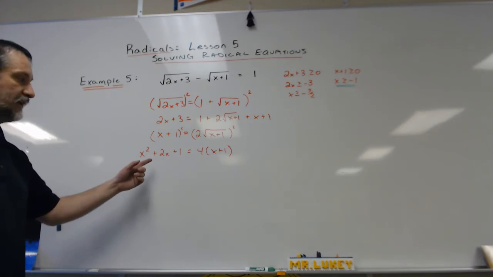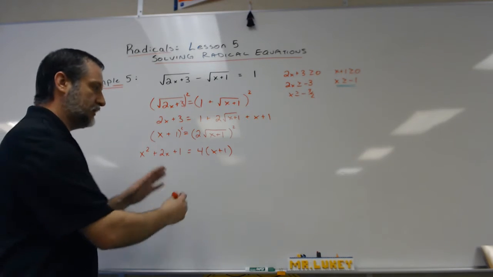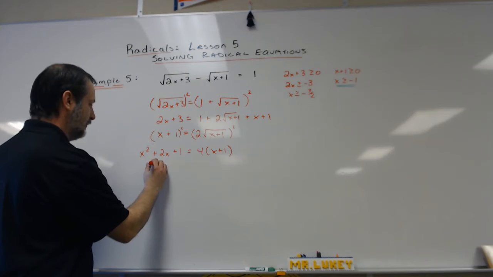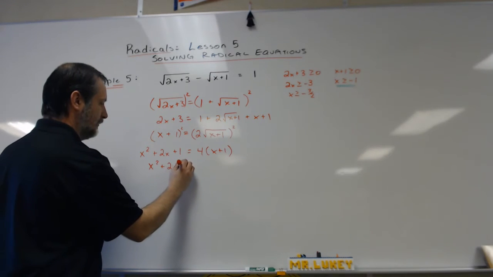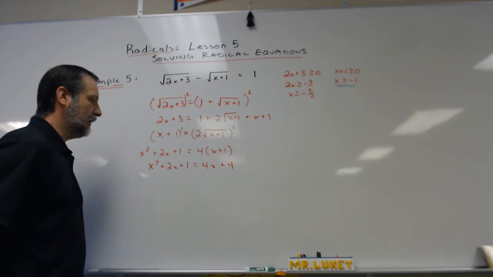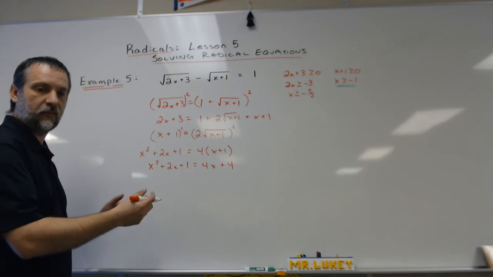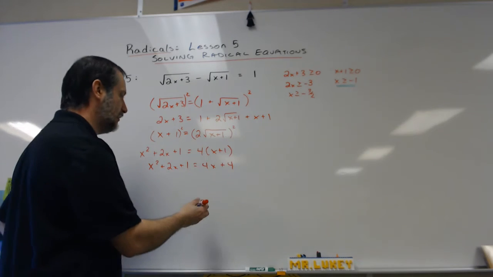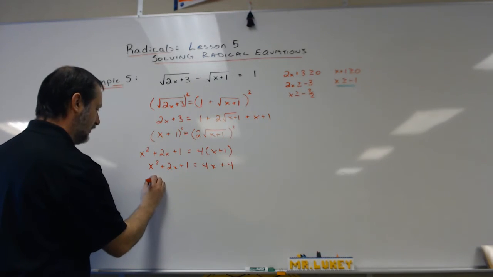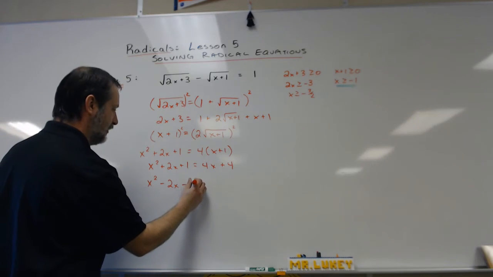So I end up with x squared plus 2x plus 1 is equal to 4 times x plus 1. Stretch this out. And now I just want to get this entire quadratic equal to 0. So I'll end up with x squared minus 2x minus 3.